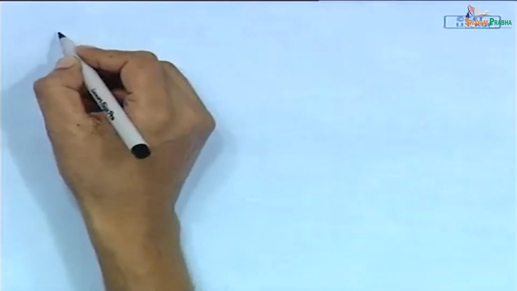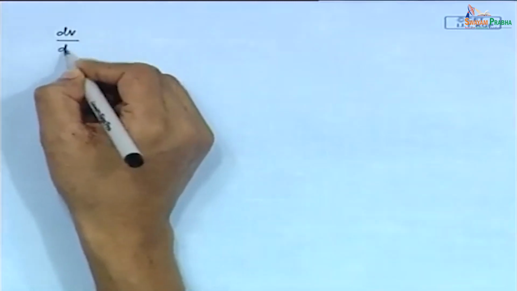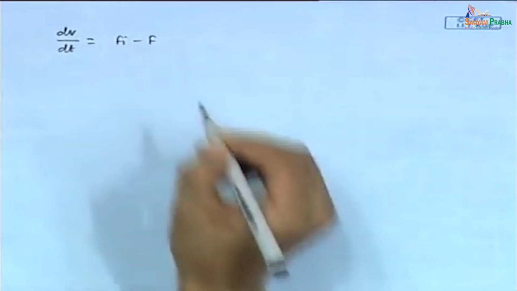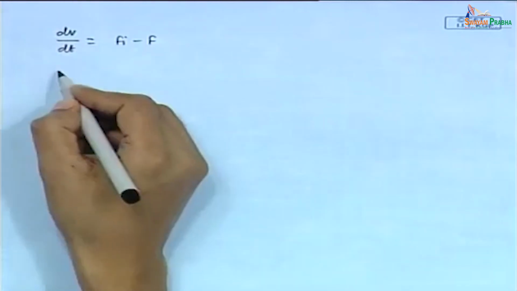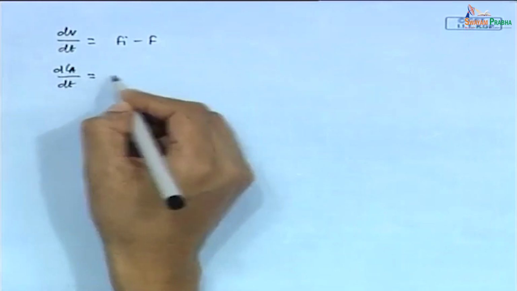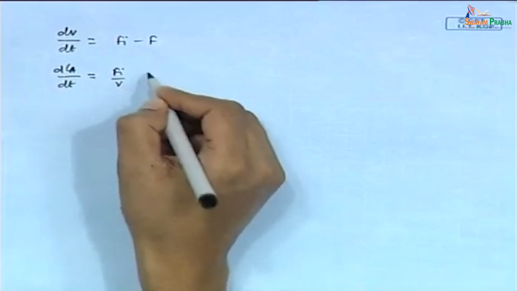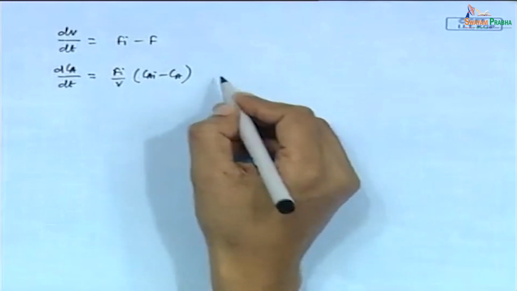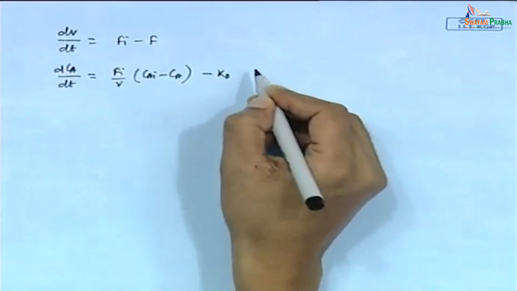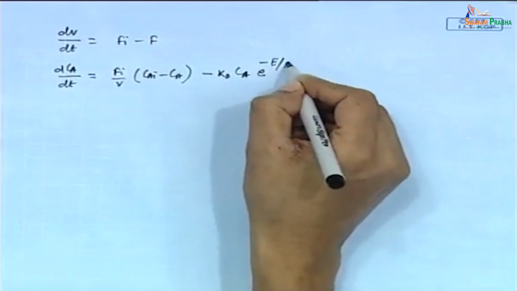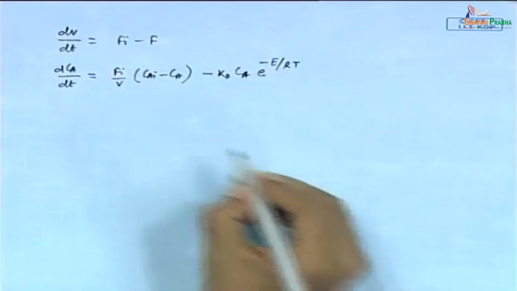Now, I am writing the modeling equations here. First, dV/dt equals Fi minus F. Second, dCA/dt equals Fi divided by V (CAi minus CA) minus k naught CA exponential of minus E divided by RT.